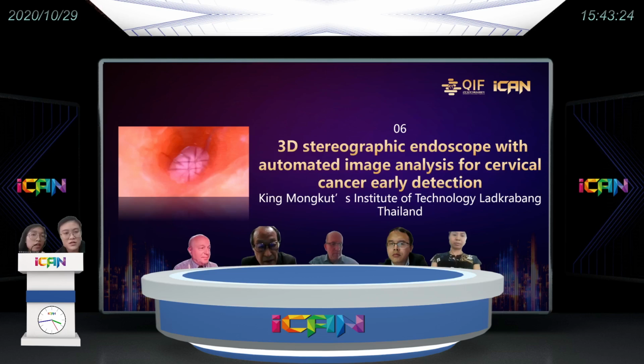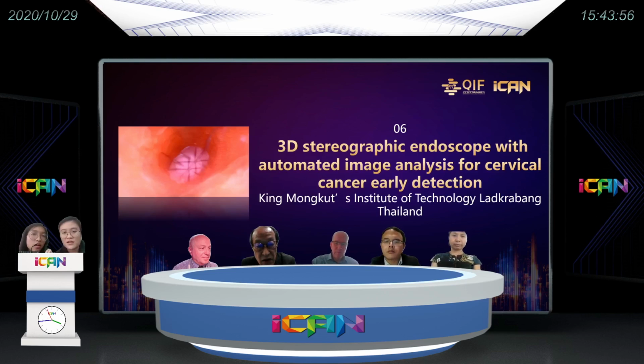You mean the image, right? No, not the image, the actual diameter of the scope. It's smaller than the normal one, but not bigger. It can be inserted in the cervix.